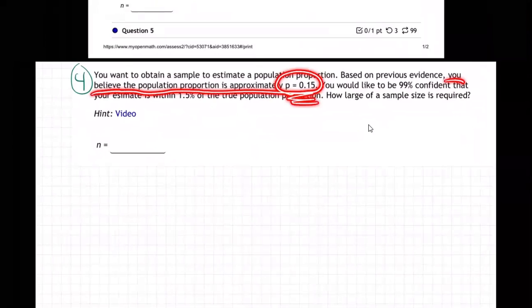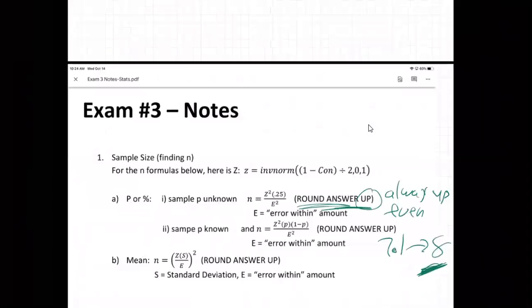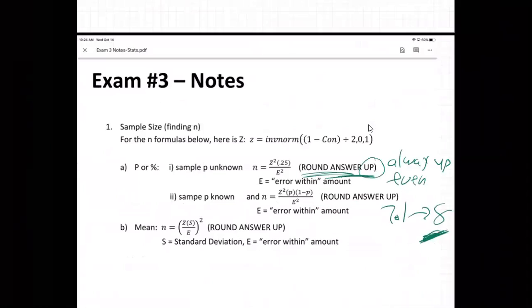They're giving us a p value, p equals 0.15. So that means it's p known. You have something about p you know. So you come on down here and you go, oh, okay, that's the sample, p known, so that's going to be this formula here: z squared p times 1 minus p over e squared.